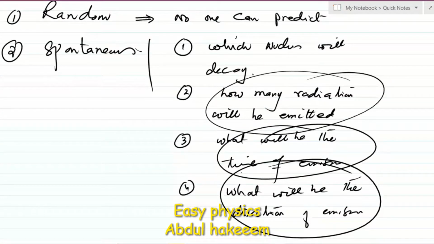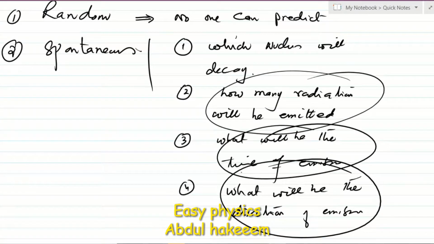So this is totally random behavior because no one can predict which nucleus will decay next, how many radiations will be emitted, what will be the time of the emission, and what will be the direction of the emitted radiation. This is random. And come to this spontaneous.